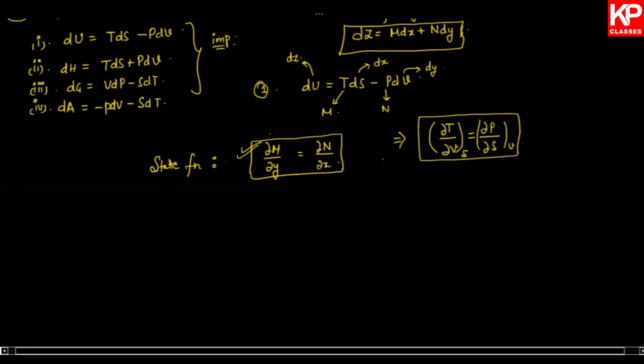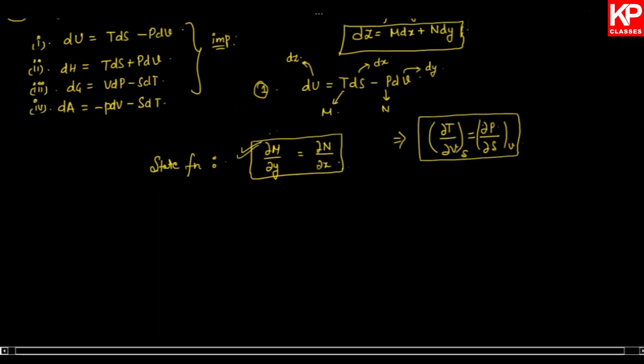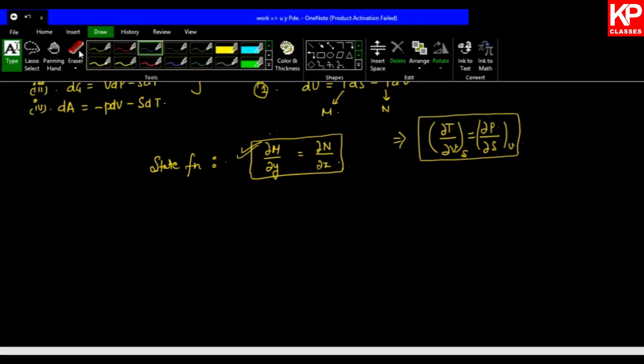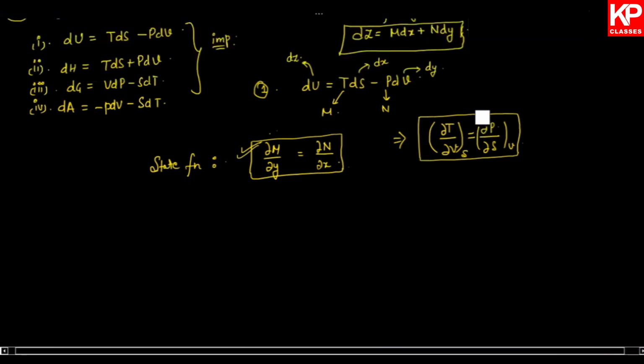Okay, I made a mistake over here. It will not be del p by del s, but it will be minus del p by del s. Sorry, I'm just writing it again. Don't make any such mistakes.